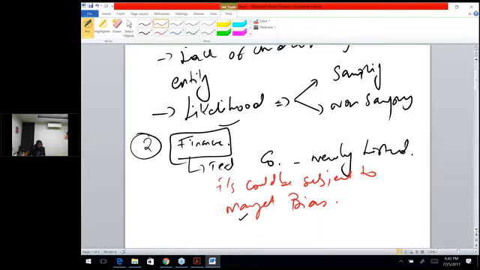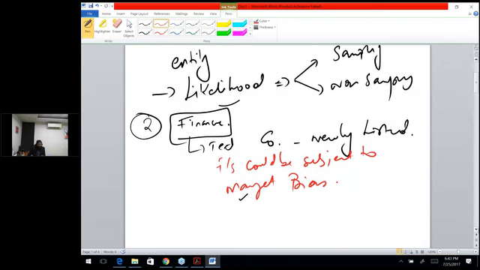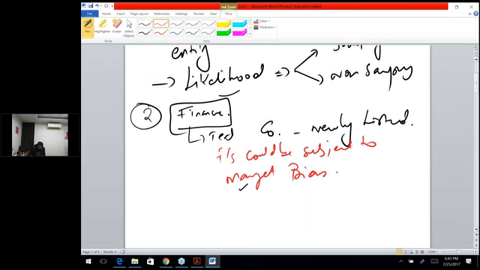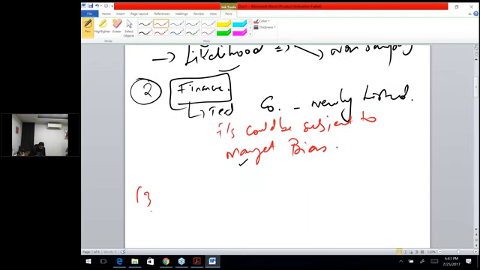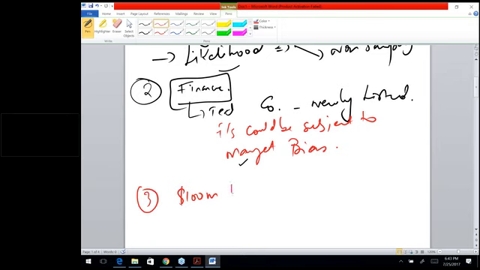Whenever you are dealing with this specific case, the entity has invested $100 million in developing the games.